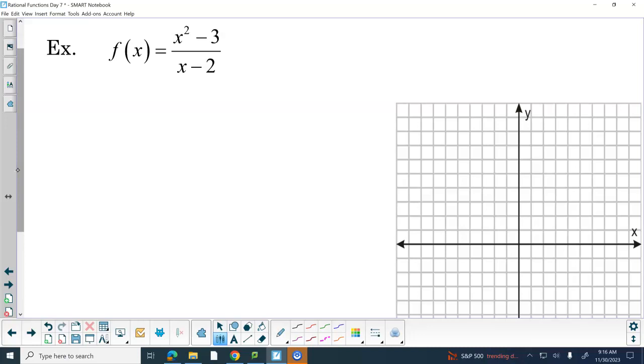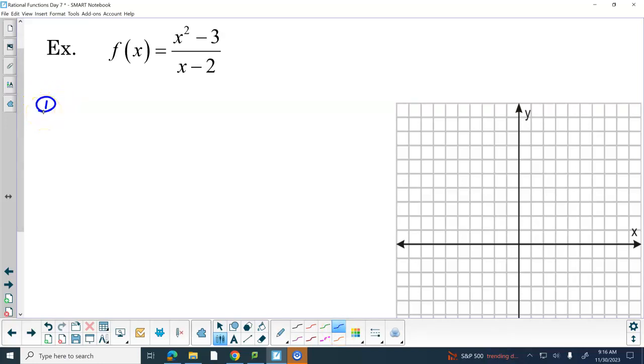Not a perfect square, not a perfect cube, can't factor the top. Which means the bottom can't factor either, it's already there. So step 0, done. Which means, what about step 5? There are no holes in this one. So then we can go right into step number 1.